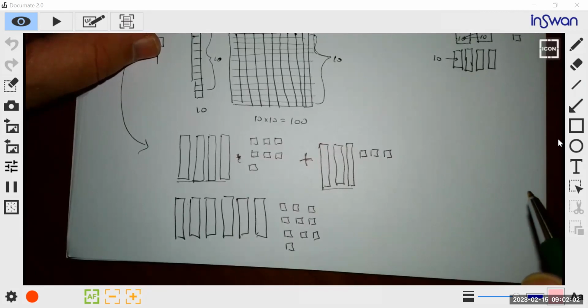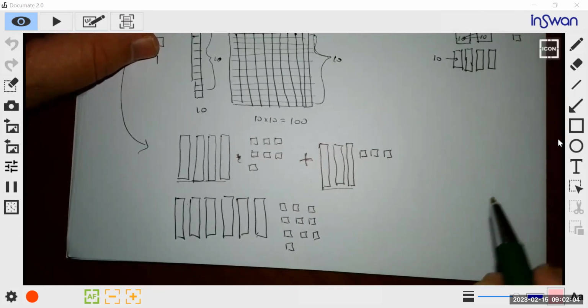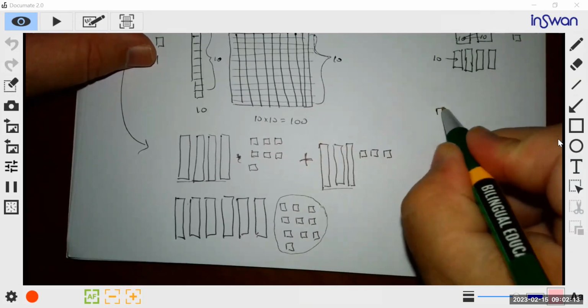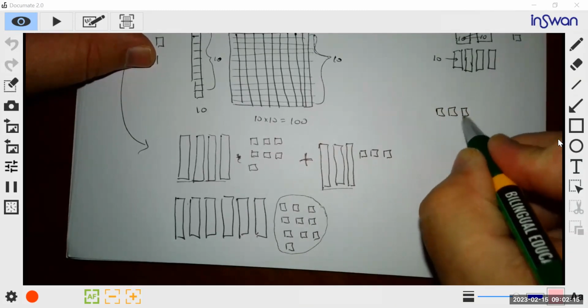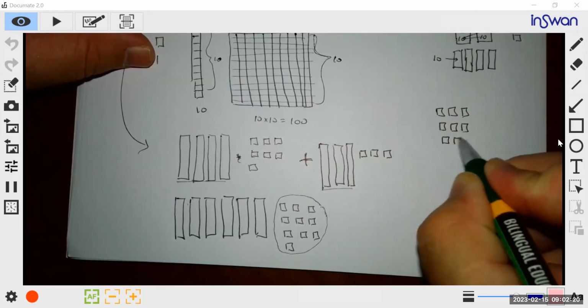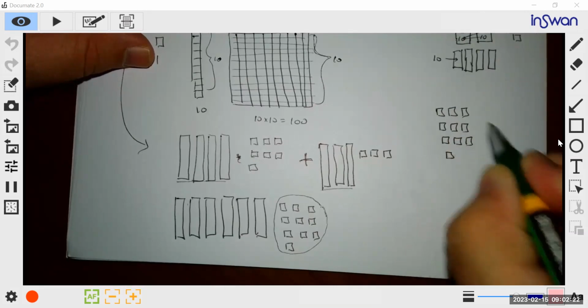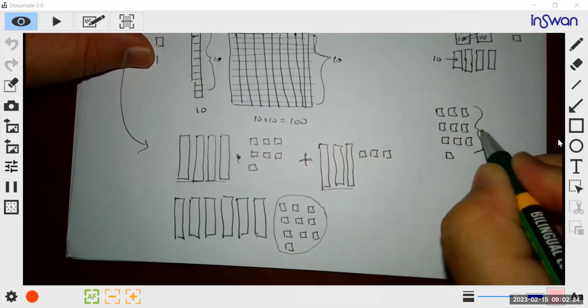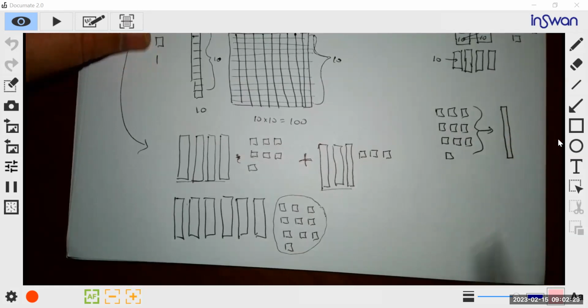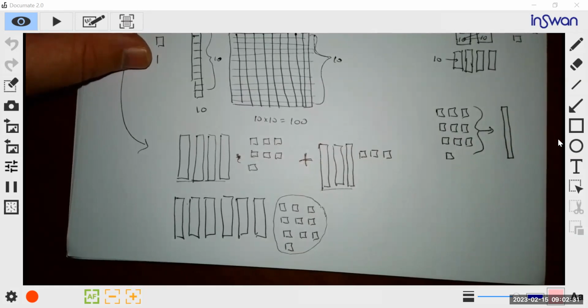So far, so good. But since these single boxes equal 10, we can trade them up for a bar. Because in a bar, there's 10 boxes.